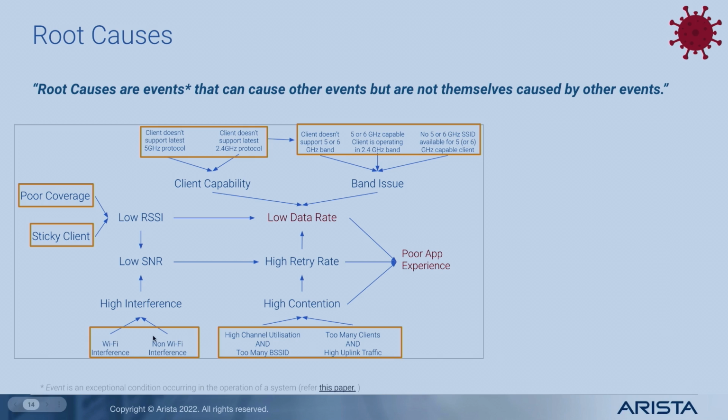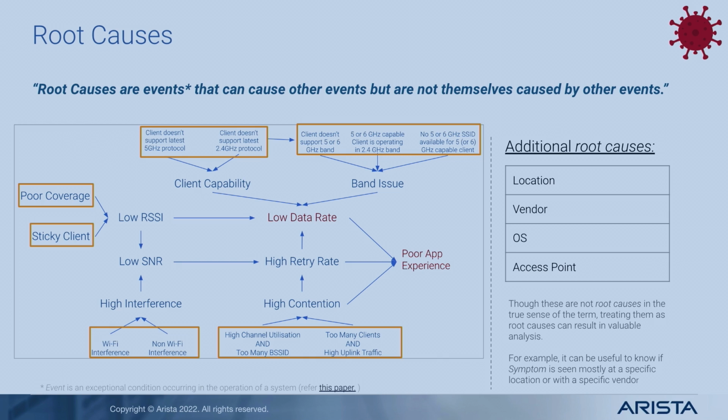And the goal of any RCA engine would be to detect, given a symptom, out of these many possible root causes, and this is probably not an exhaustive list, which 2 or 3 or 1 is responsible for the issues that I'm seeing.